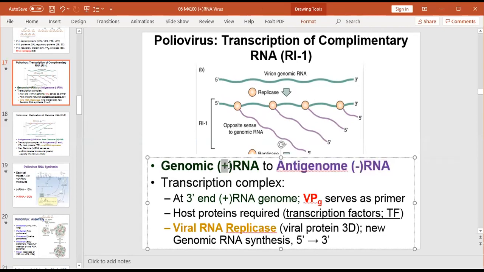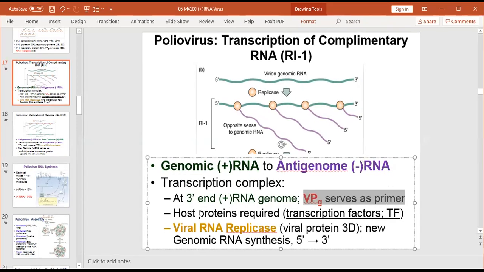So now we have a positive strand and a negative strand. The transcription complex that facilitates this process: we have at the 3' end of the positive RNA genome a poly A tail, and we have the viral protein G located at the 5' end of the genome that serves as primer for making the negative strand.